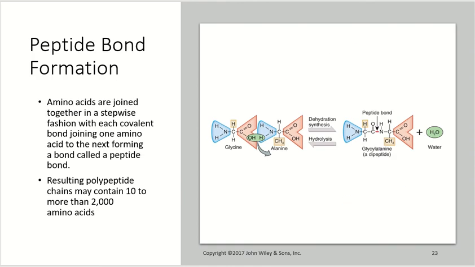The way that we join our amino acids together is via a peptide bond. Amino acids are joined together in a stepwise fashion in which a covalent bond joins one amino acid to the next in order to form what is called a peptide bond.